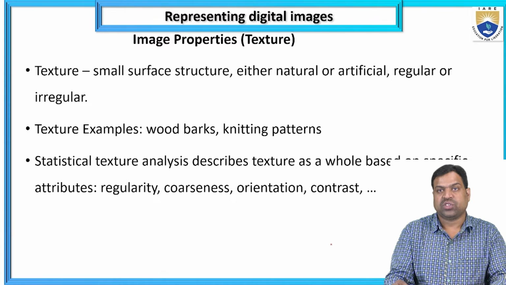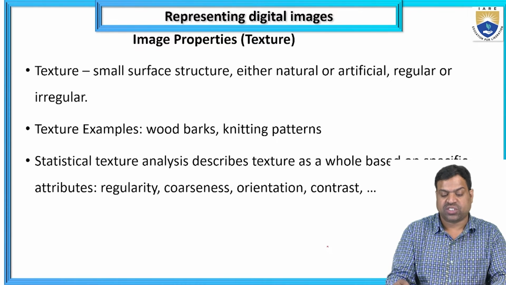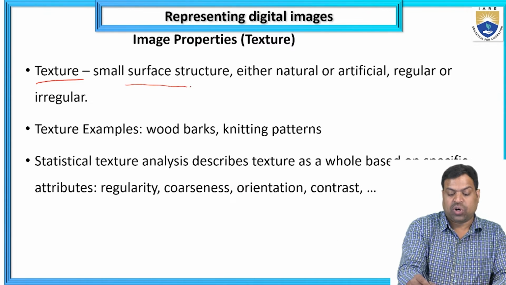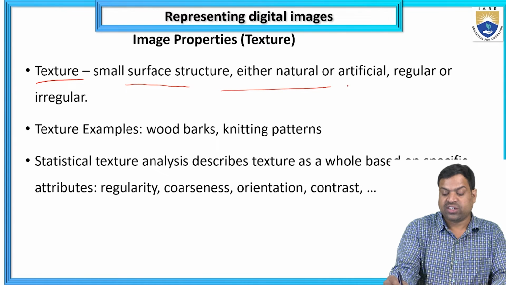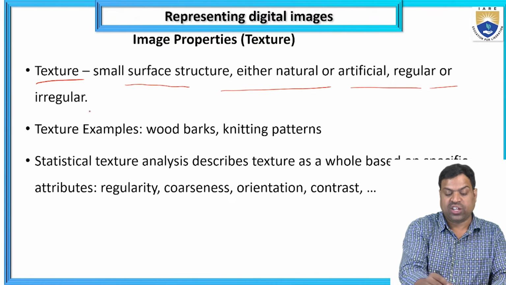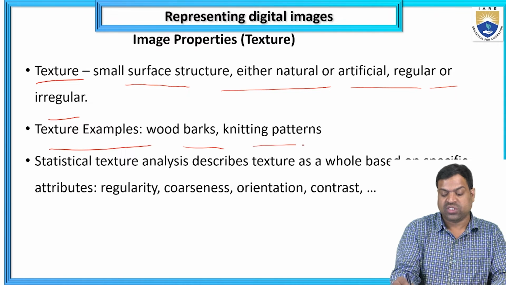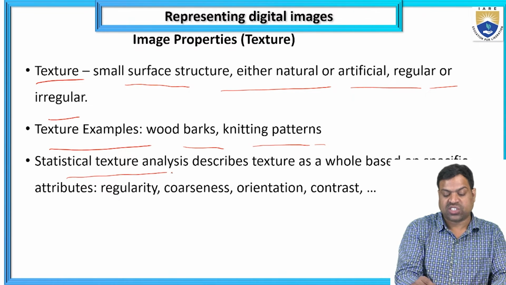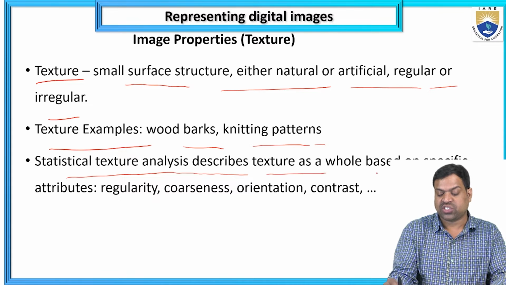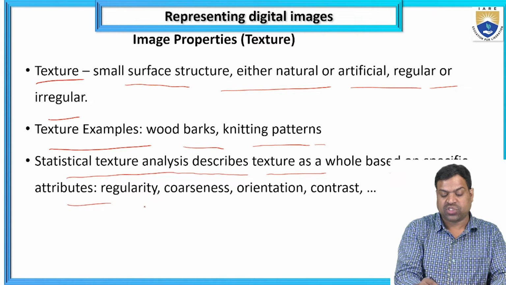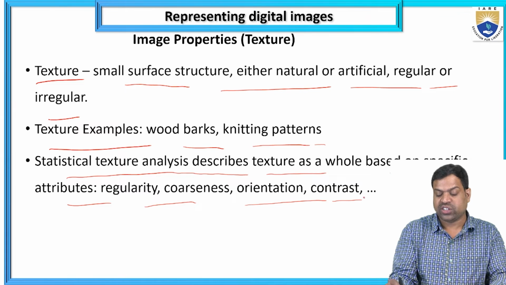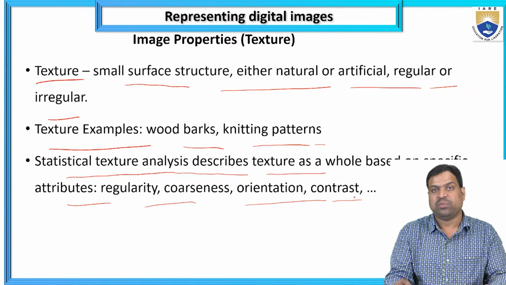Another example, image properties in the texture. What is texture? Small surface structure, either natural or artificial, regular or irregular. What are texture examples? Woodworks, knitting patterns. What is statistical texture analysis? It describes textures as a whole based on specific attributes: regularity, orientation and contrast. So these all depend on texture.